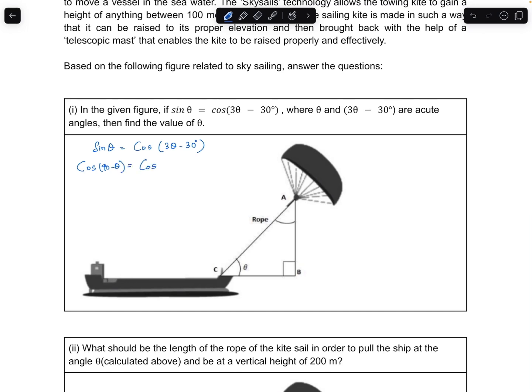The right hand side is cos of (3 theta minus 30 degrees), which implies that 90 minus theta is 3 theta minus 30 degrees, which gives 4 theta equals 120, and theta is 30 degrees.